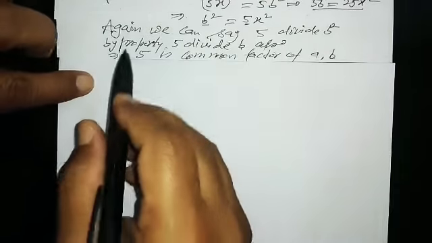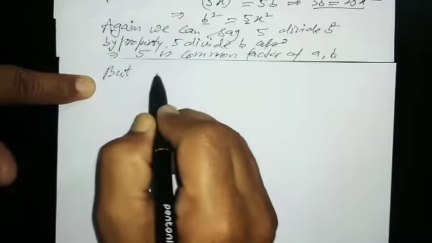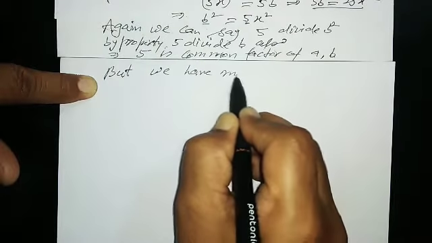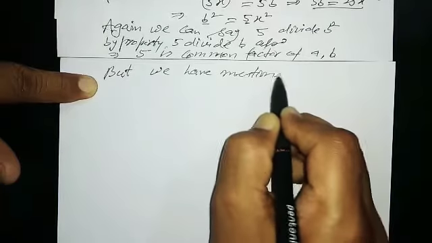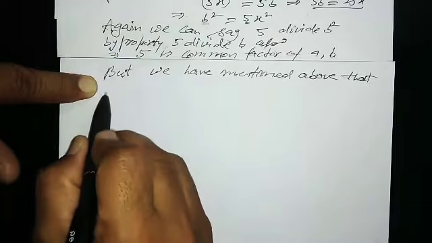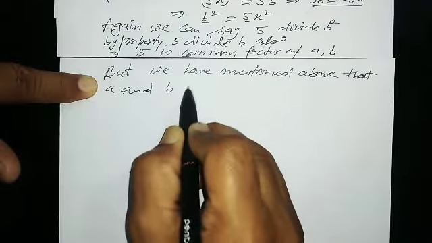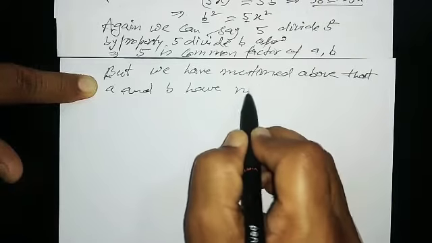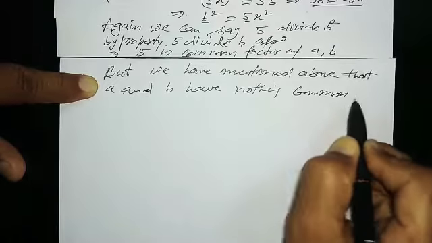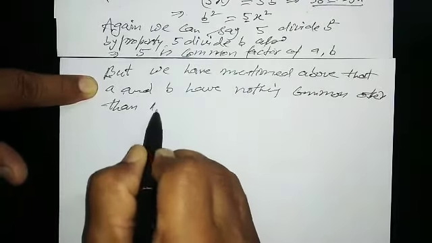5 is a common factor of a and b, but we have mentioned above that a and b have nothing common other than 1.